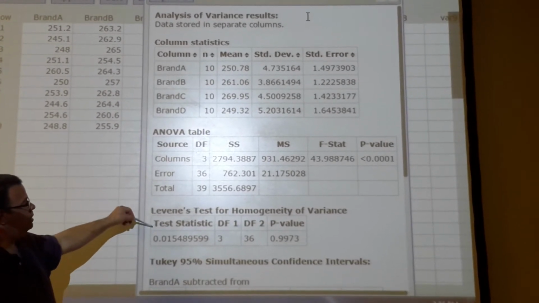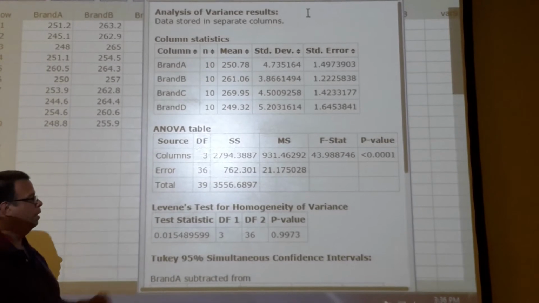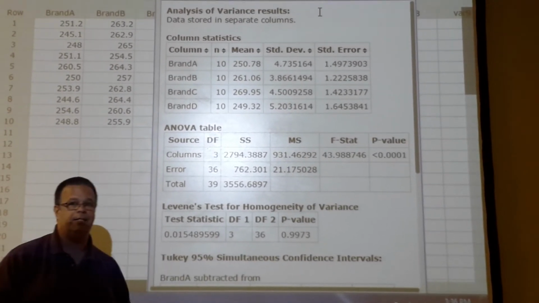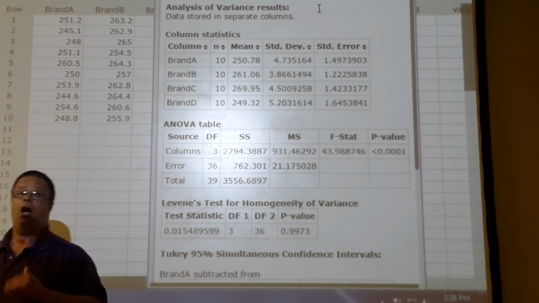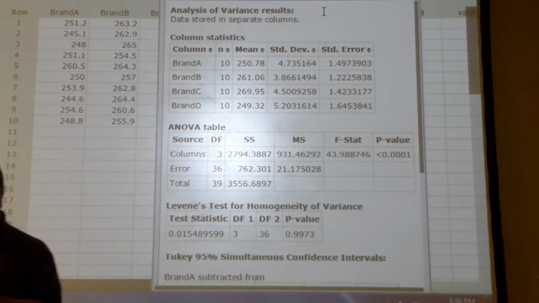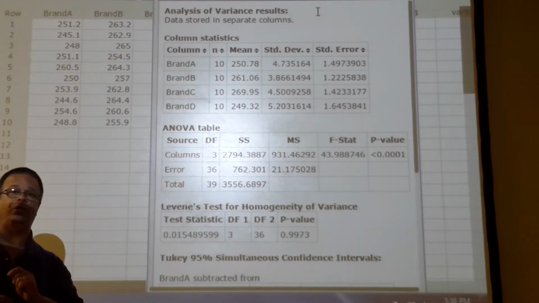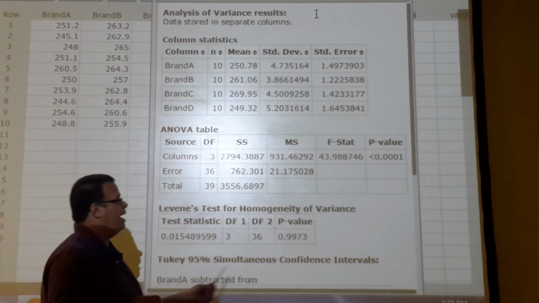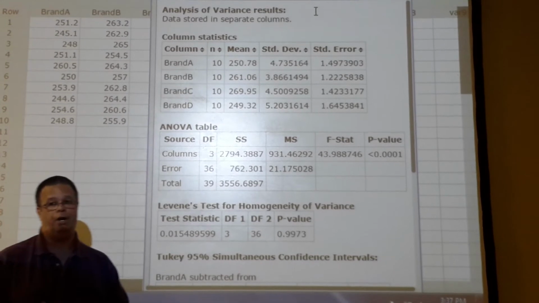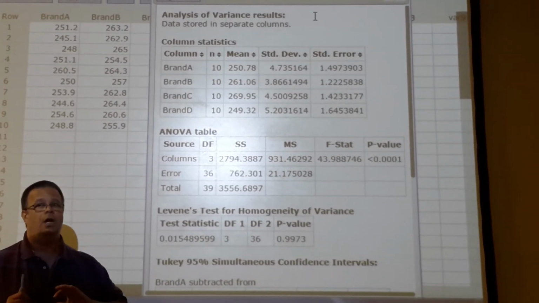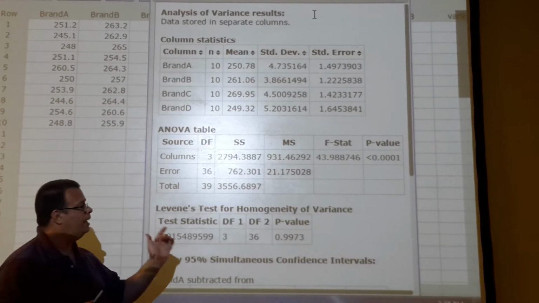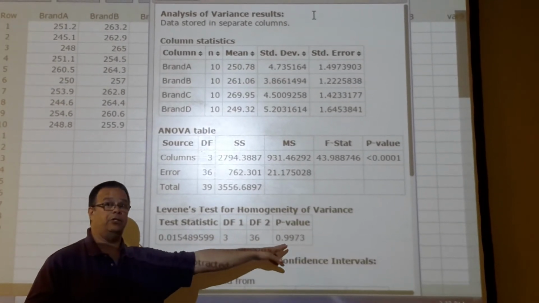This next table gives us the Levene's test for variance, and this gives us a p-value of 0.9973. Now you may be thinking, oh, that's not significant. In this particular case, that's a good thing. We want the p-value for the Levene's test to be greater than 0.05 because the ANOVA test, the way it's set up, is sensitive if that Levene's test comes out to be significant.